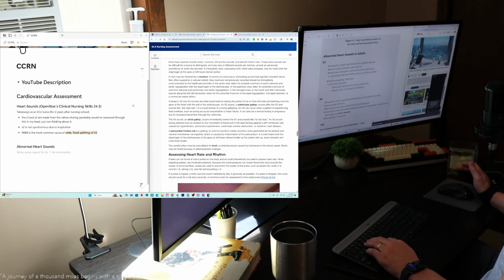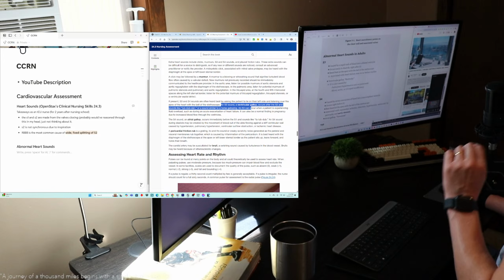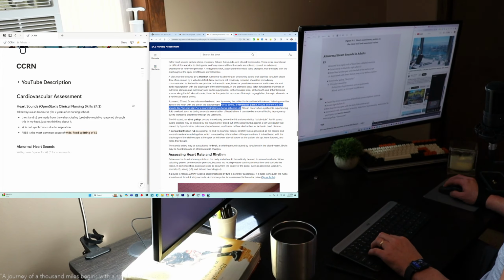So specifically, starting off, start with the S3 sound, or a ventricular gallop, occurs after the S2 sound, like lub dub da, lub dub da.